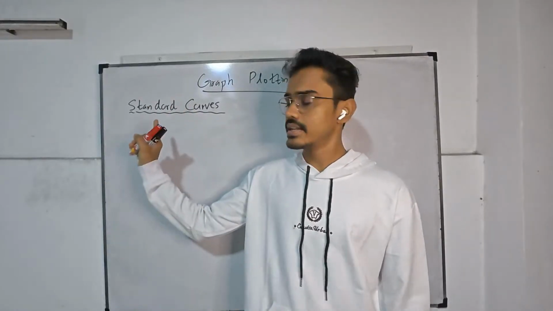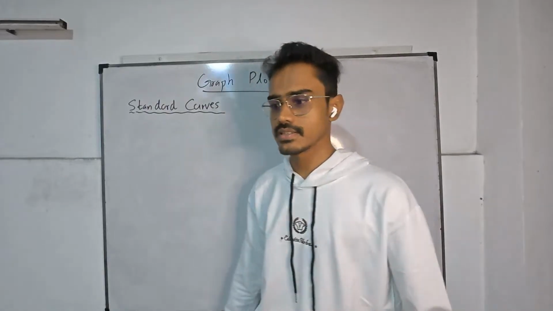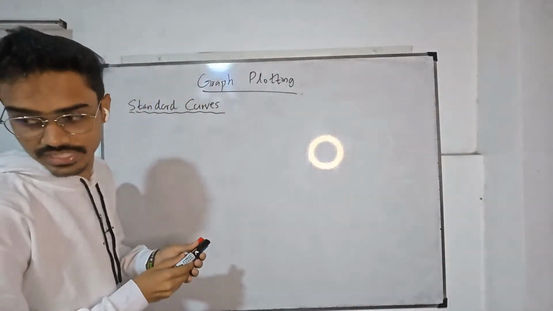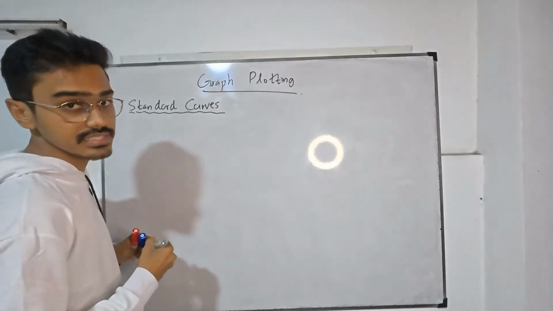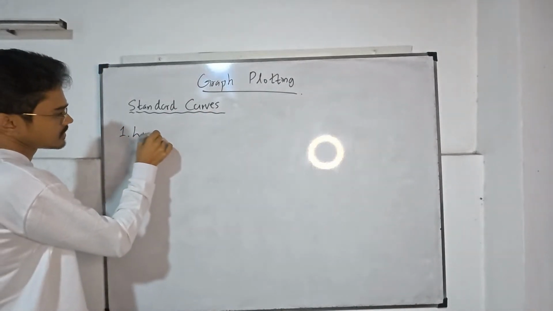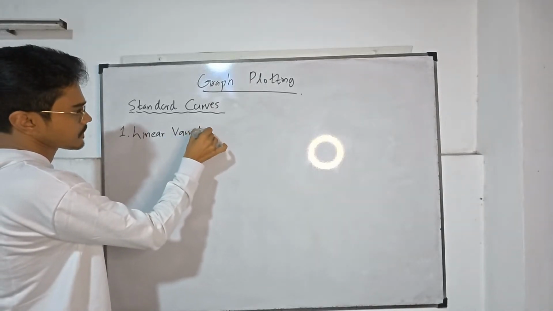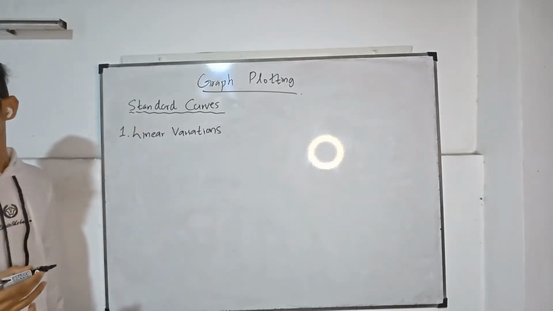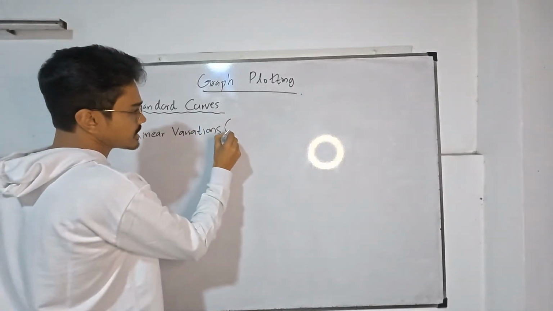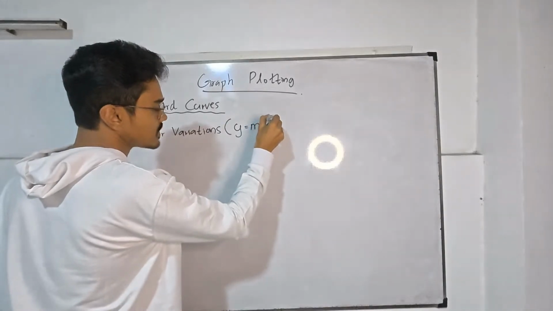Non-linear, sorry. First, let's go with linear. Under this first one, linear variations. I can denote a linear variation like this: y equals m x to the power n.